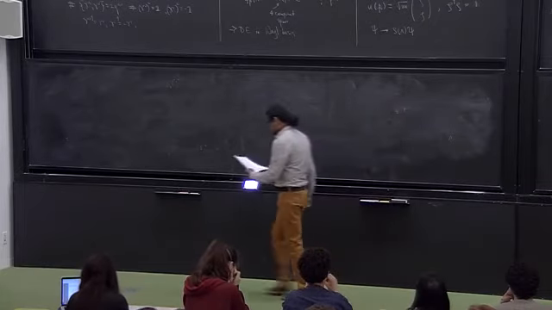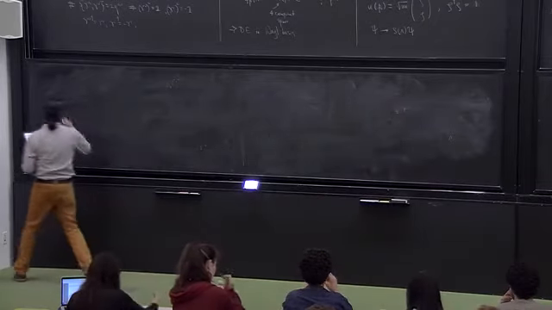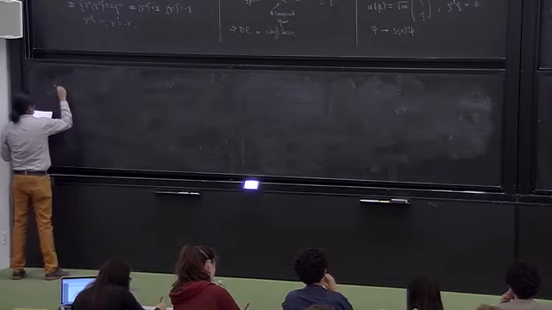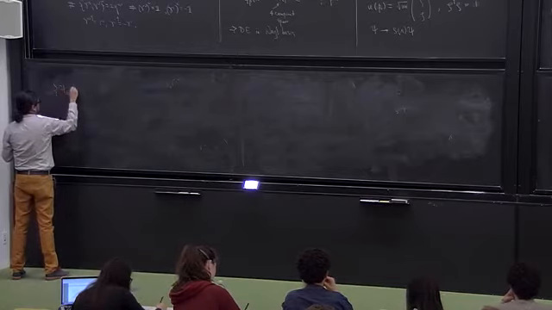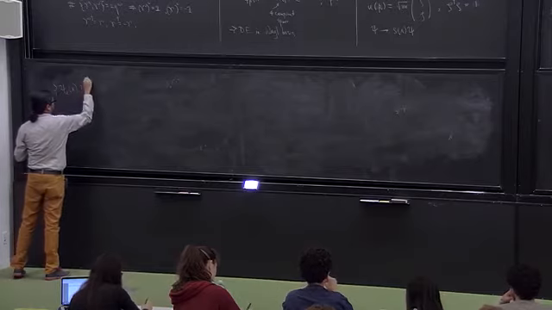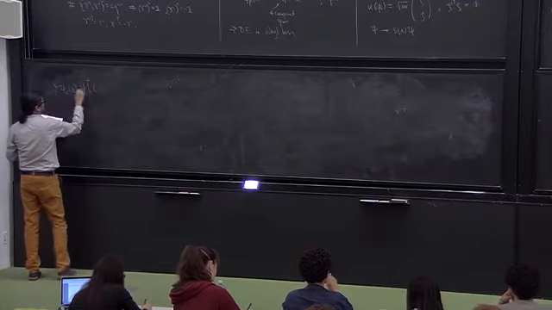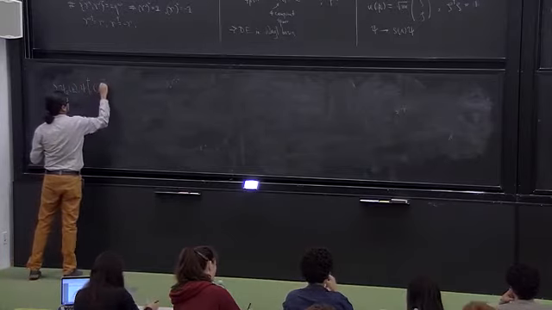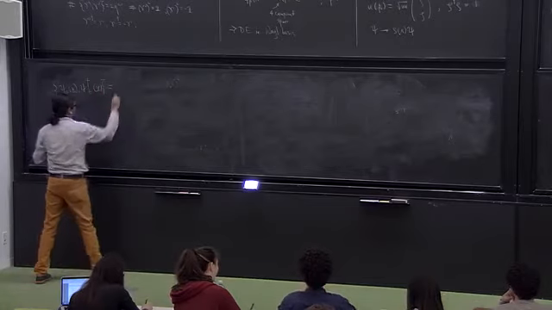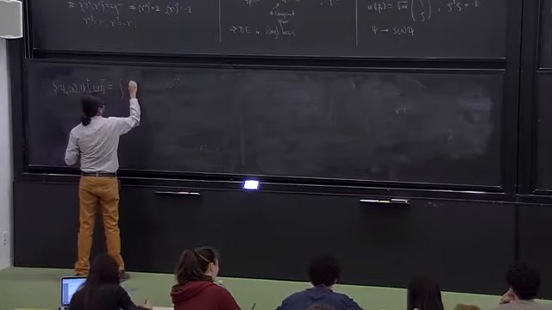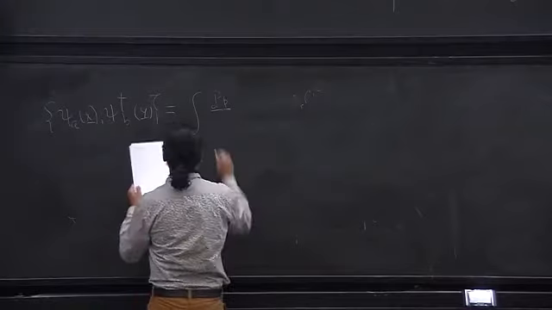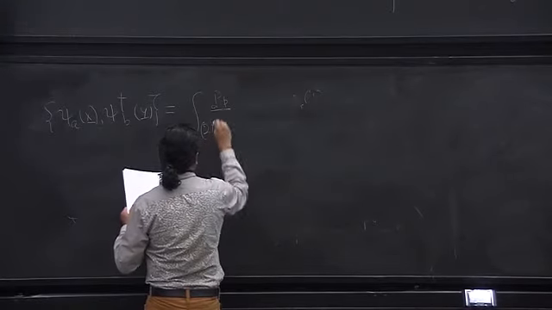So we are rewriting using the completeness relationships. We get: so we only have one momentum integral left and one of these guys.